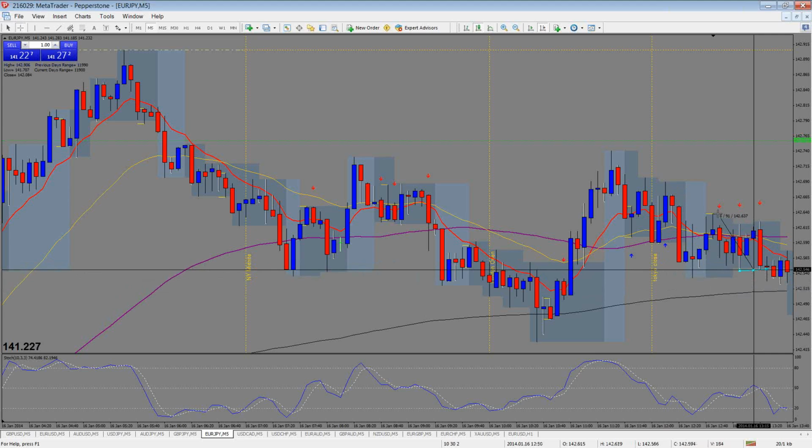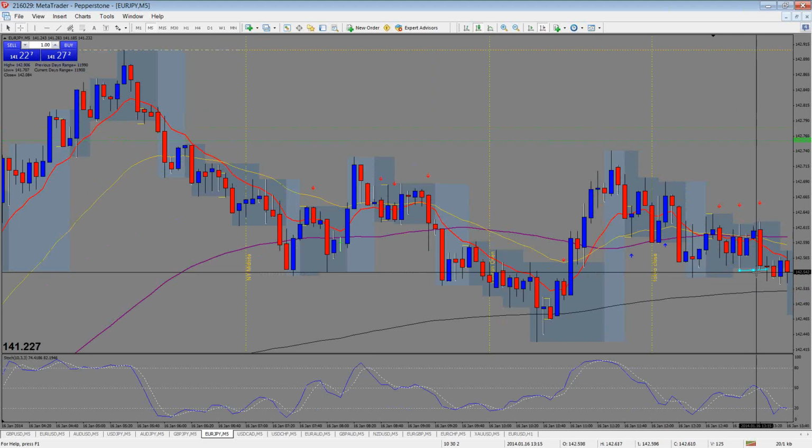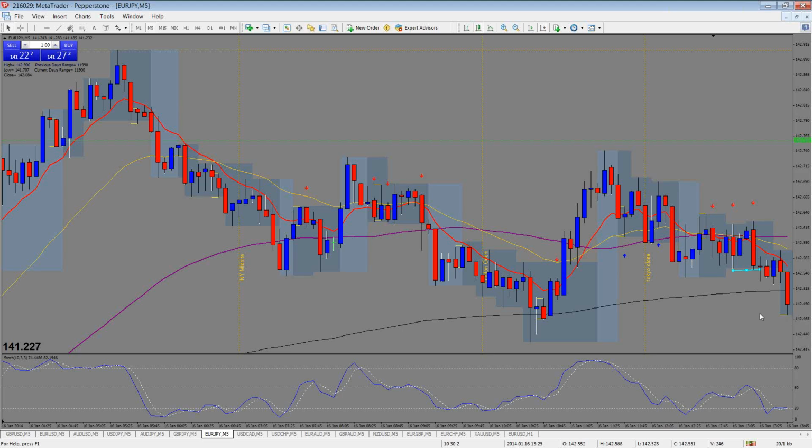That would be our suggested stop loss, and our suggested take profit would be 3 to 5 pips. So we're in the trade. We have entered it hopefully as close to this mark as possible, and we now have our 3 to 5 pips. So that was a successful trade.